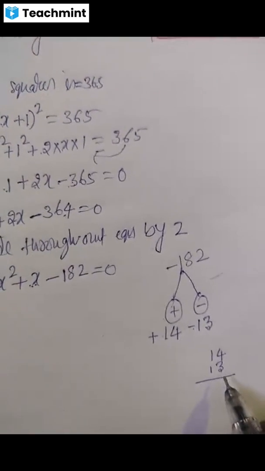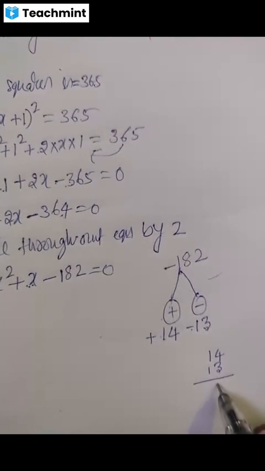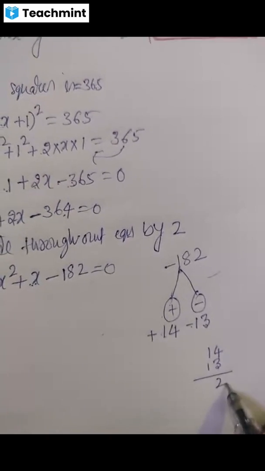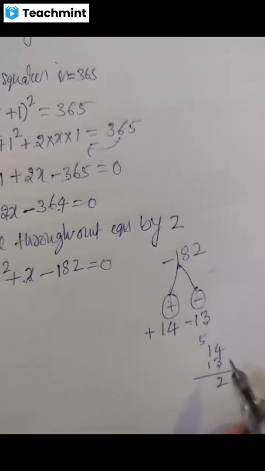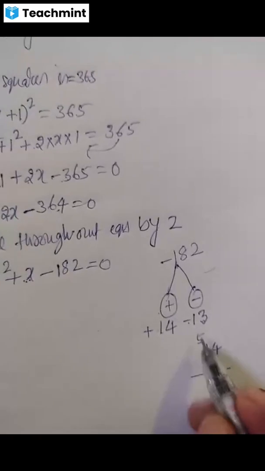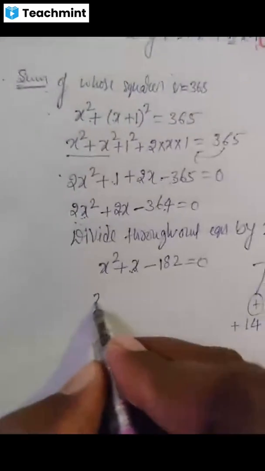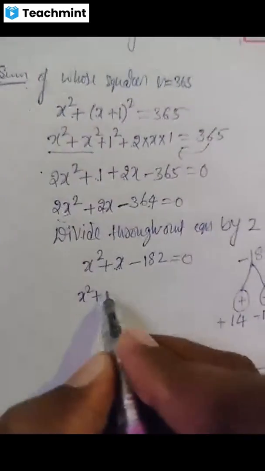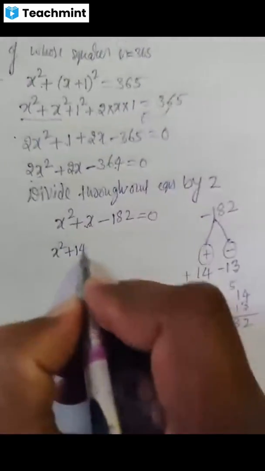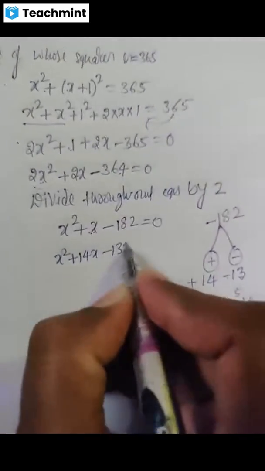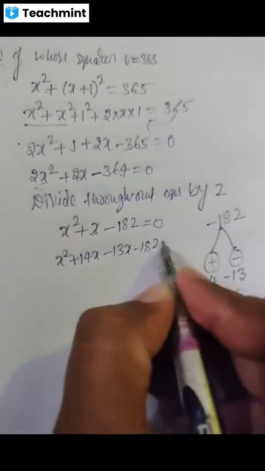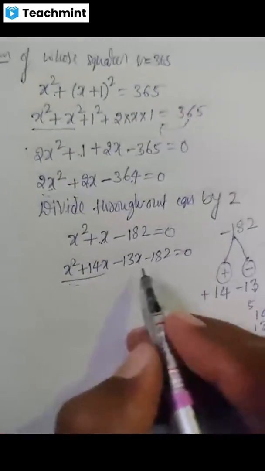Thirteen fours are 52, carry 5, 13 ones are 13, 13 plus 5 is 18, 182. So x square plus 14x minus 13x minus 182 is equal to 0.